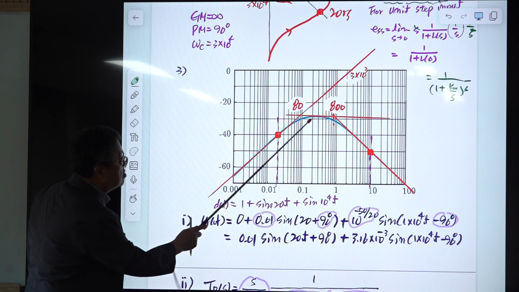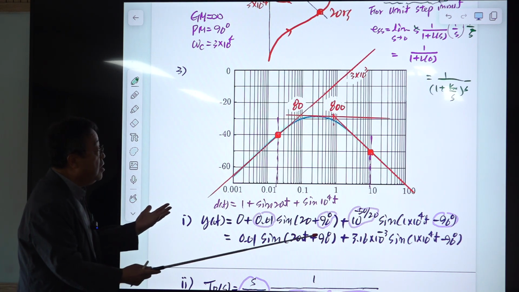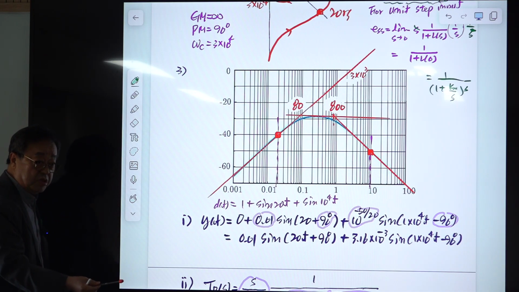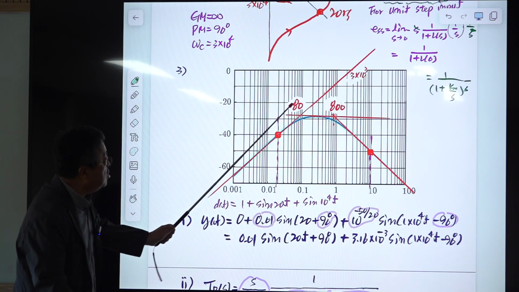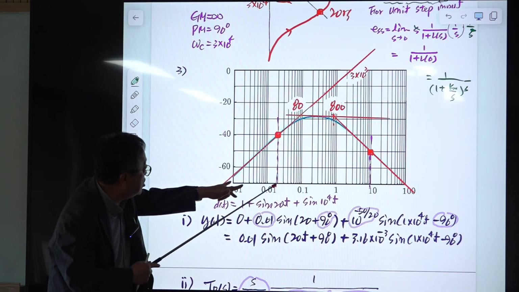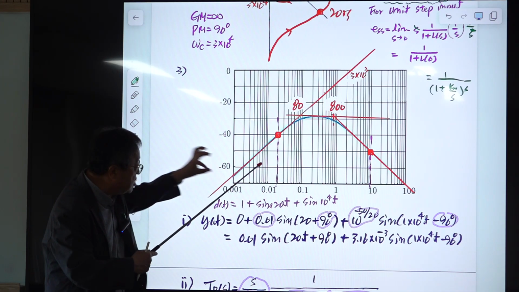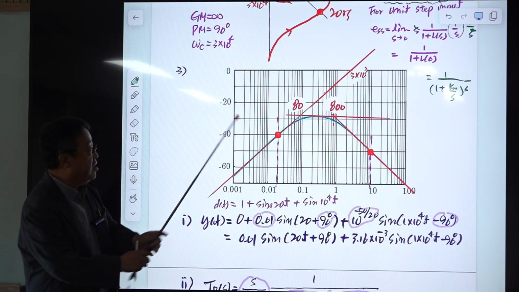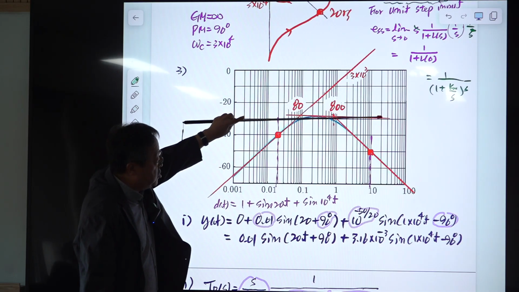So I generate it using some transfer function, and you estimate what kind of transfer function I used. This is the initial slope, plus 20 dB per decade, and this is minus 20 dB per decade, and this is very similar to the horizontal line.